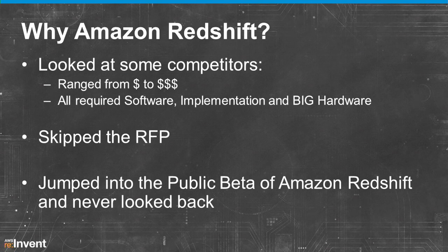But even bigger was everyone else required us to buy software, to do a big implementation, to buy a ton of really big hardware, put it in a data center, pay for the power and the connectivity and all that kind of stuff. And we didn't want to do any of that. So we decided, why even bother with the RFP? Let's just go with them, figure it out, see whether it works. So we jumped into public beta, and we never looked back.